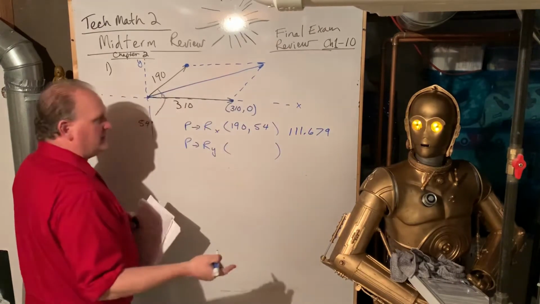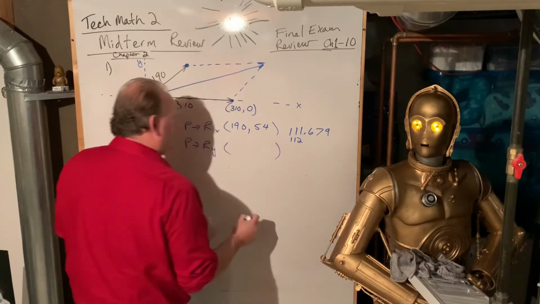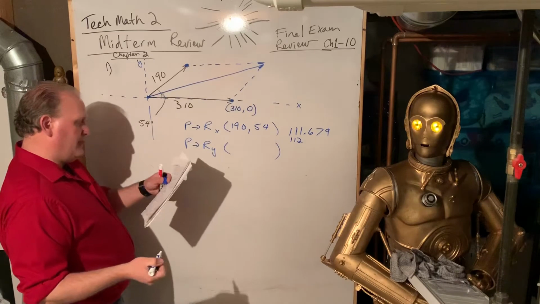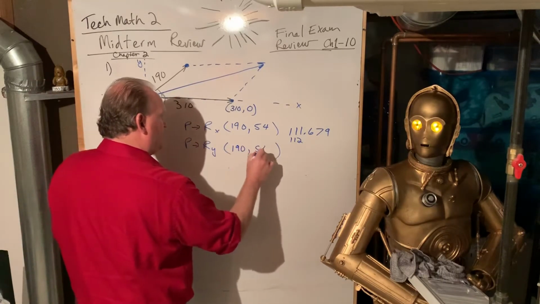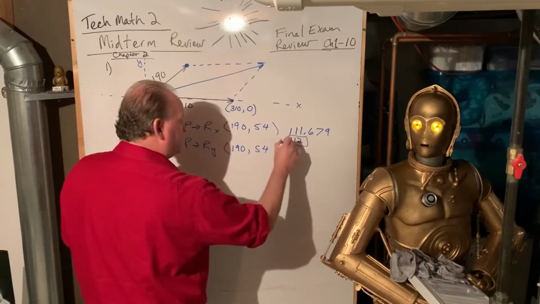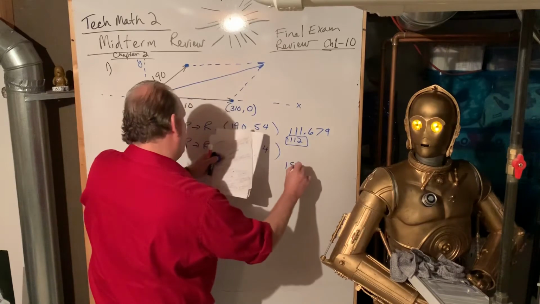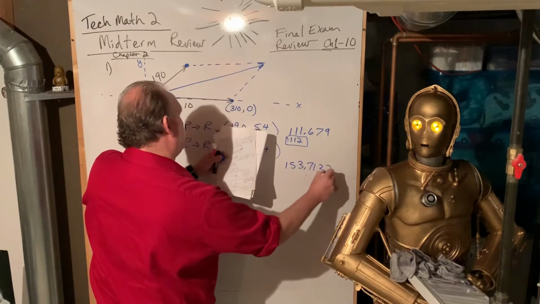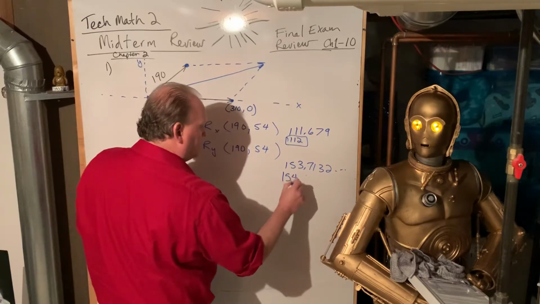So they said round to the nearest whole number. Tell you what, let's just round that to 112. All right, and then rectangular y, 190, 54. You hit enter for that, and that should give you 153.7132222. We'll call that 154.